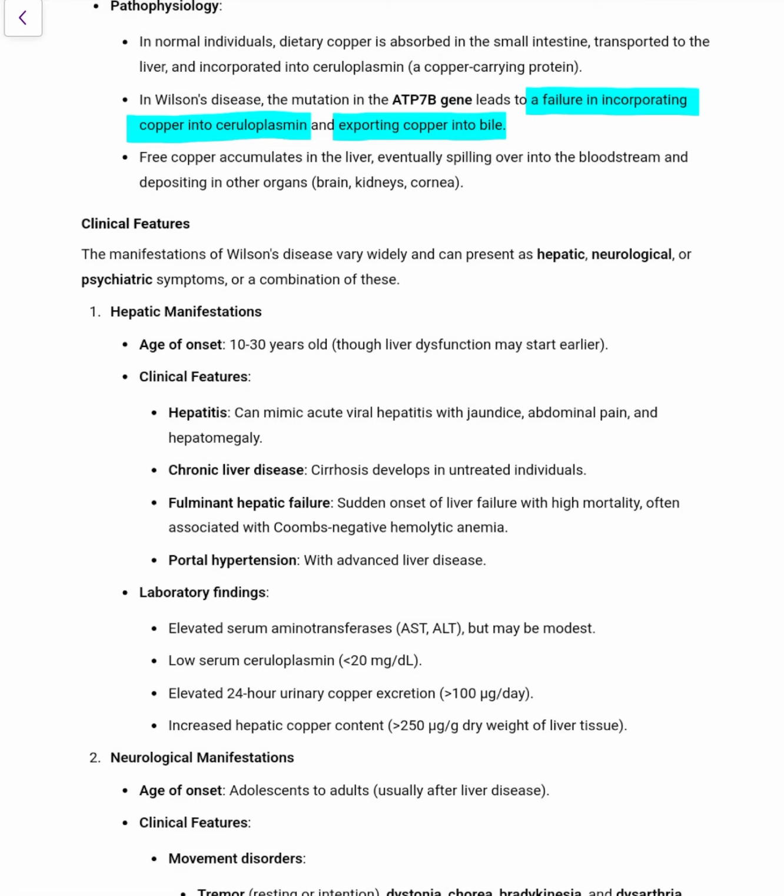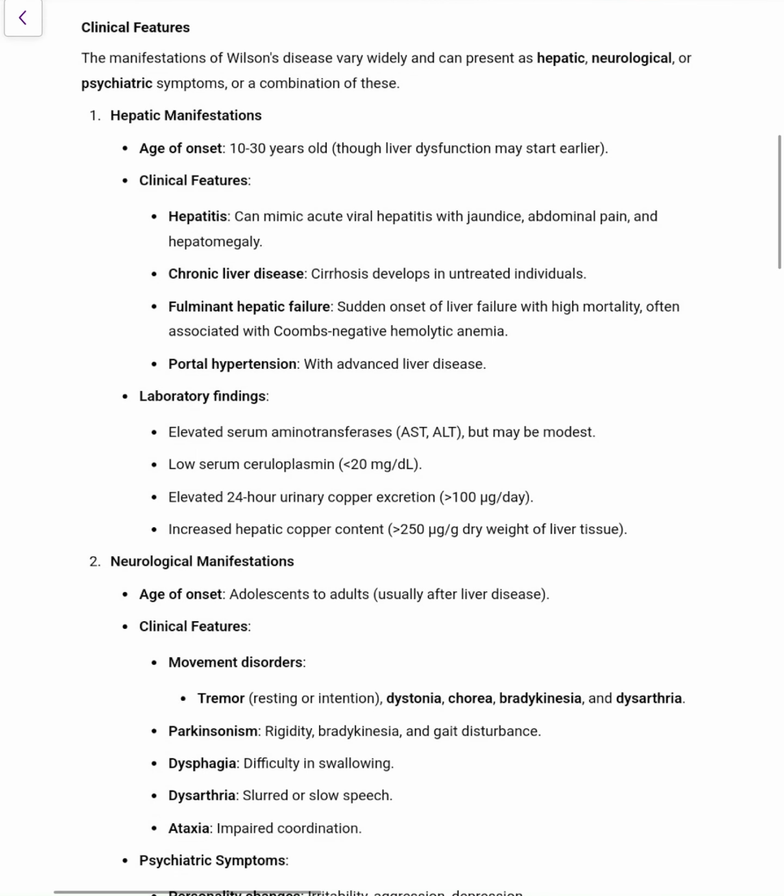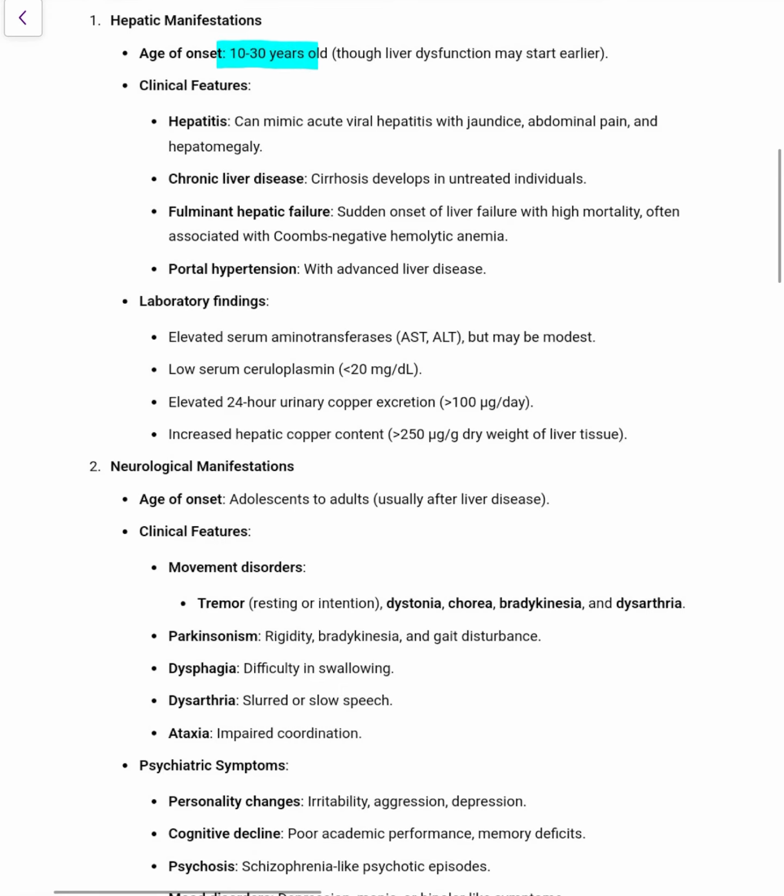Now coming to the clinical features, mainly hepatic, neurological, and psychiatric symptoms we'll see. Hepatic manifestations will come around 10 to 30 years of age. The patient will present with hepatitis, which will mimic acute viral hepatitis, complaining of jaundice, abdominal pain, and hepatomegaly. Next is CLD.